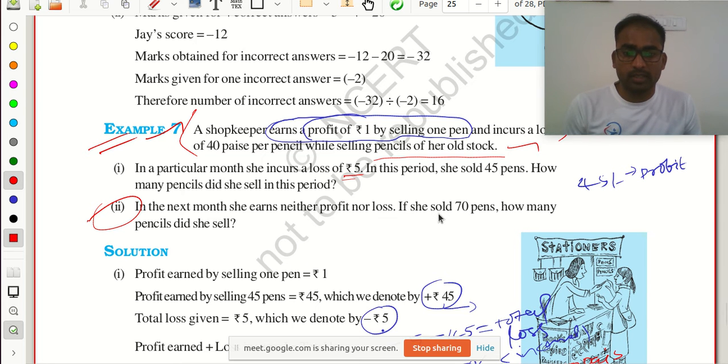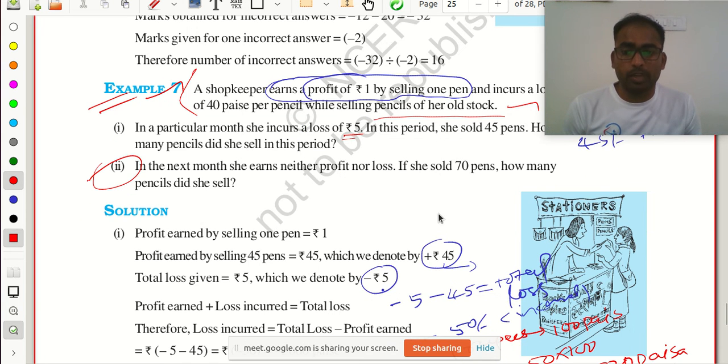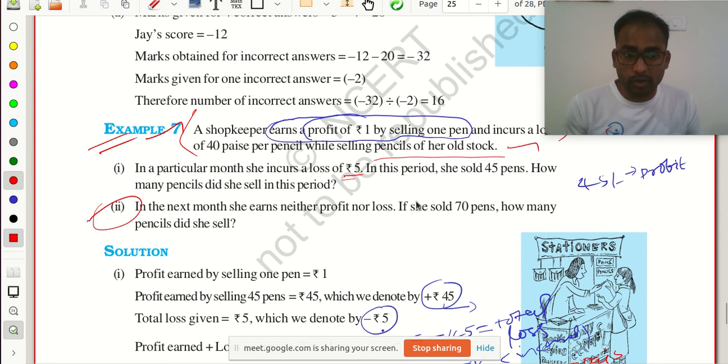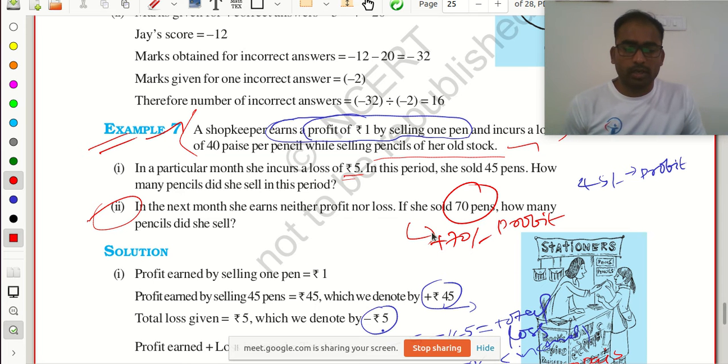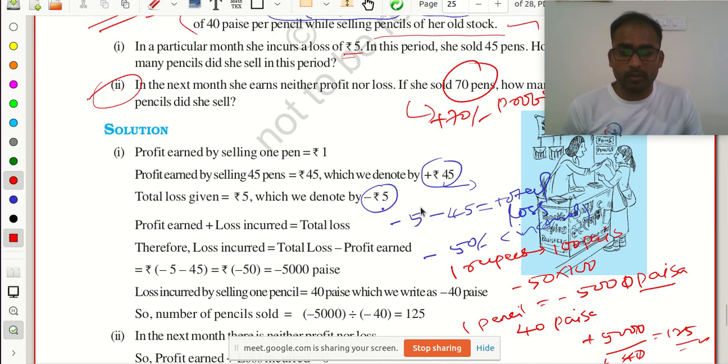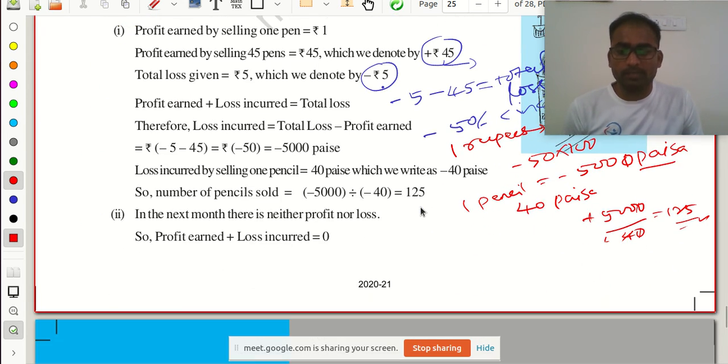When she sells 1 pencil, she will get a 40 paisa loss. But when she sold 70 pens, how much is her profit? 70 rupees, means plus 70. Why? Because when she sells each pen, she gets 1 rupee as profit.